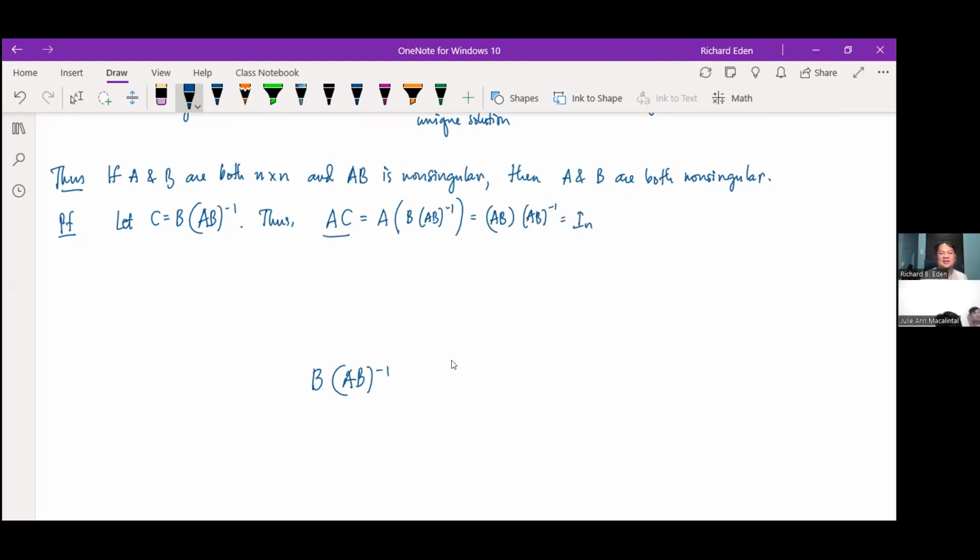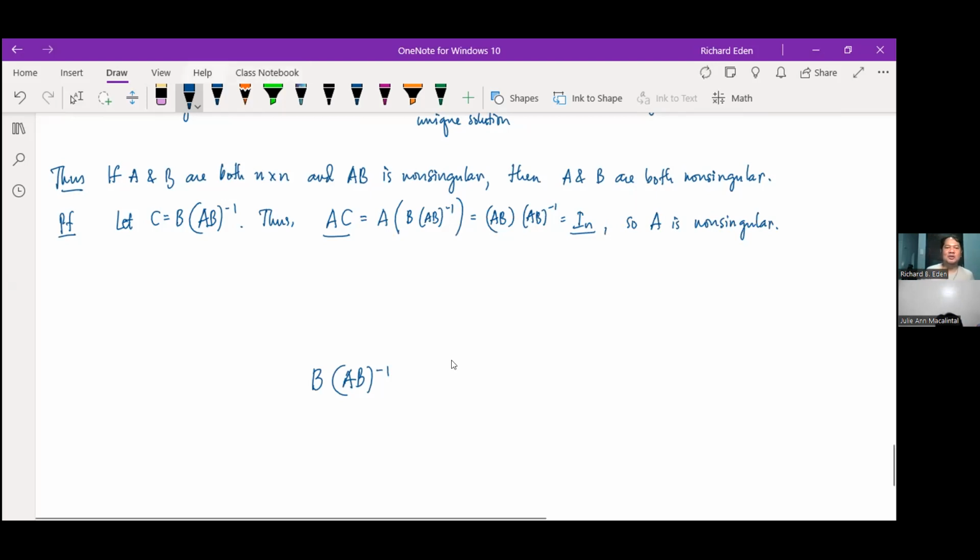So AC equals I sub n. What does this mean? There is something we can multiply to A, leading to a product equal to the identity matrix. So A is non-singular.